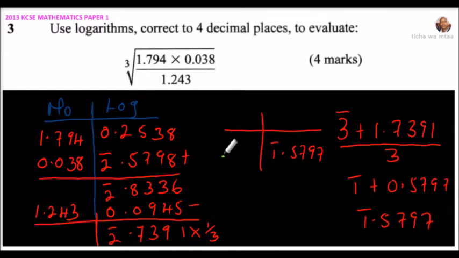Now you get the anti-logarithm of this, and this will give you 0.3799. So you can write it as 10 to the power of bar 1 multiplied by 3.799. So that's how you work that out, and you should be able to get 4 marks.